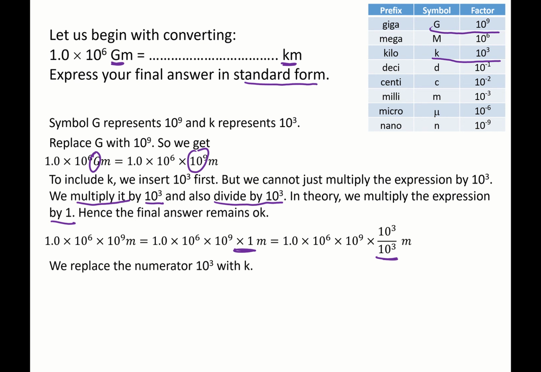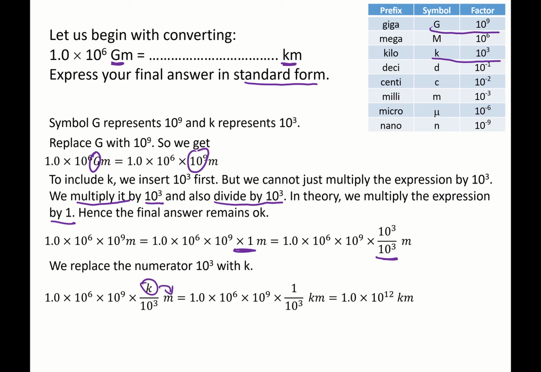And we replace the numerator 10 to the power of 3 with k, because that's kilo. And hence, when we bring out k into the m, we have kilometers. And for the rest of the expression, just press on the calculator, we get 1 times 10 to the power of 12. I'm not expecting everyone to be a master of this kind of conversion, but it takes practice.